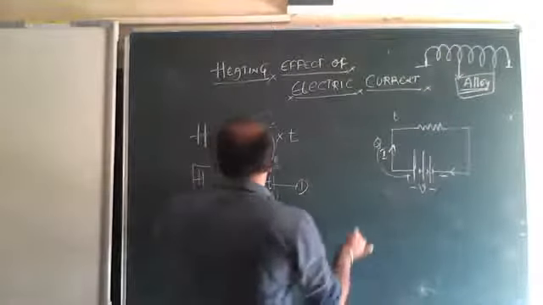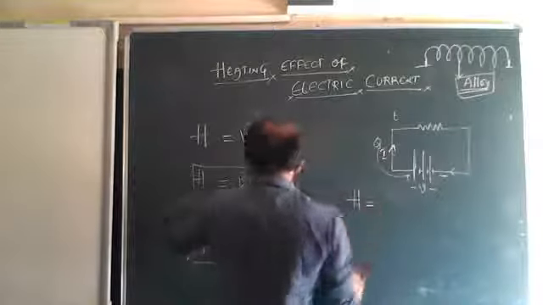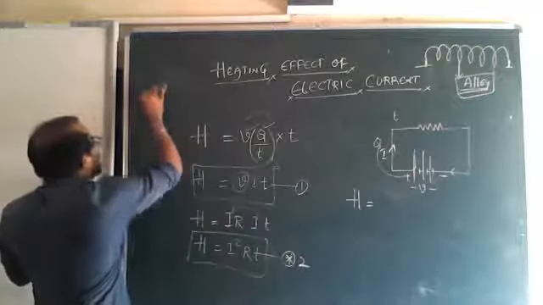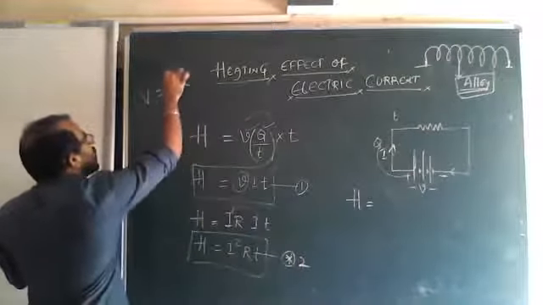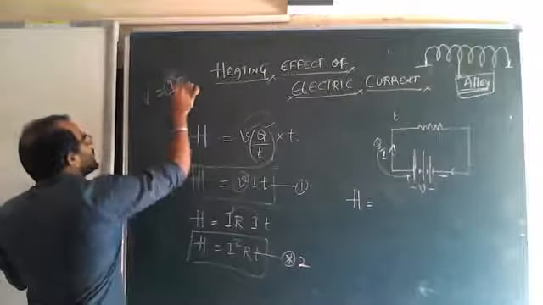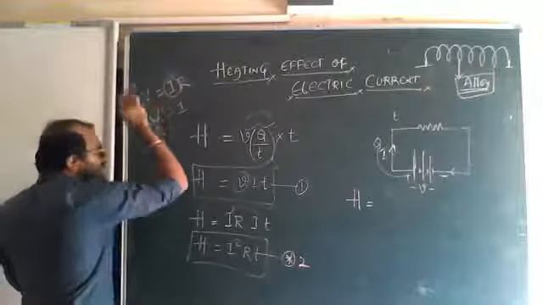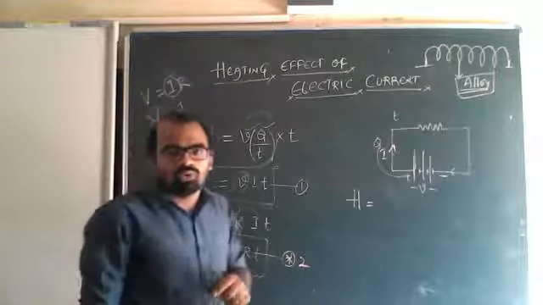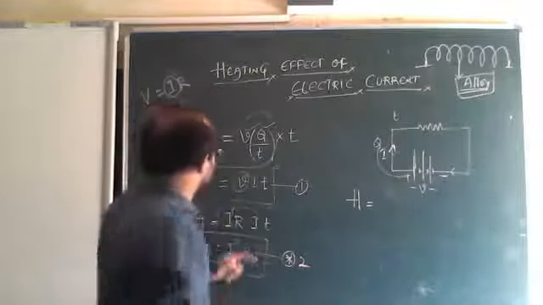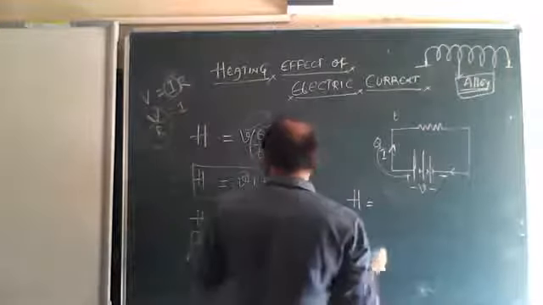In place of V, I can put another thing: V is equal to IR, so I is equal to V by R.